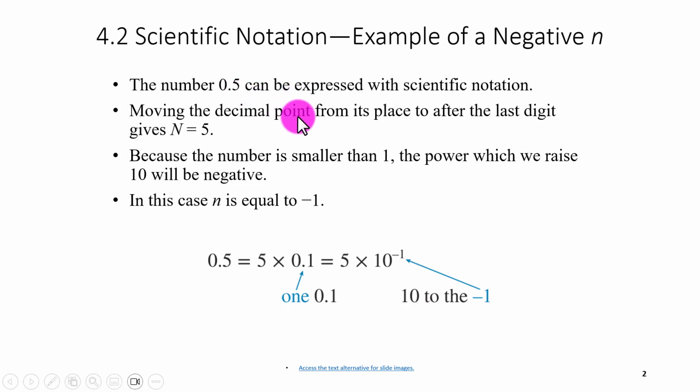If I move it 3 times, 10 to the -3, etc. So 0.5 can be expressed as 5 times 0.1, which is really 10 to the -1. So 5 times 10 to the -1, because I moved the decimal point once to the right, and if I move it to the right, I have a negative in front of my power of 10, and the 1 tells me how many times I've moved it. I moved it once, so 10 to the -1.